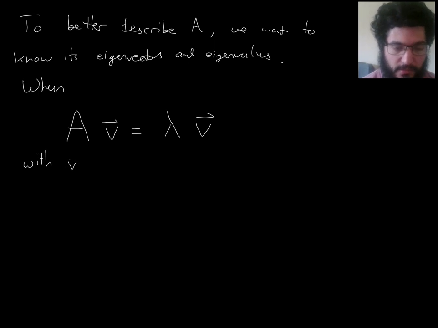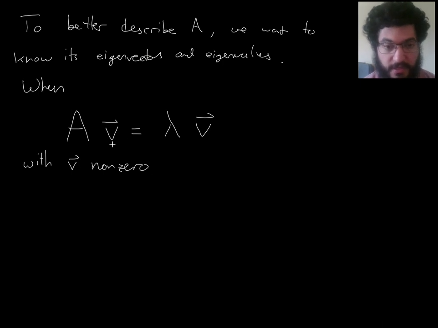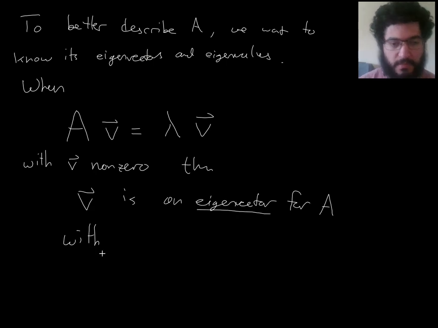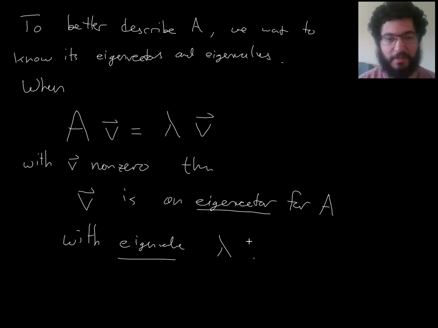And we will require that v not be 0 here. So when this happens with v non-zero, then v is an eigenvector for A with eigenvalue lambda. So matrices have eigenvectors, and then matrices along with eigenvectors have eigenvalues.